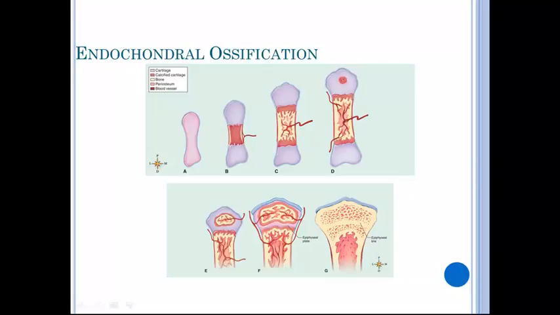And then in F, you can see the epiphyseal plate, which is right here, which is an indication that this is bone that has not matured yet, and that there is additional growth that is possible within this bone.